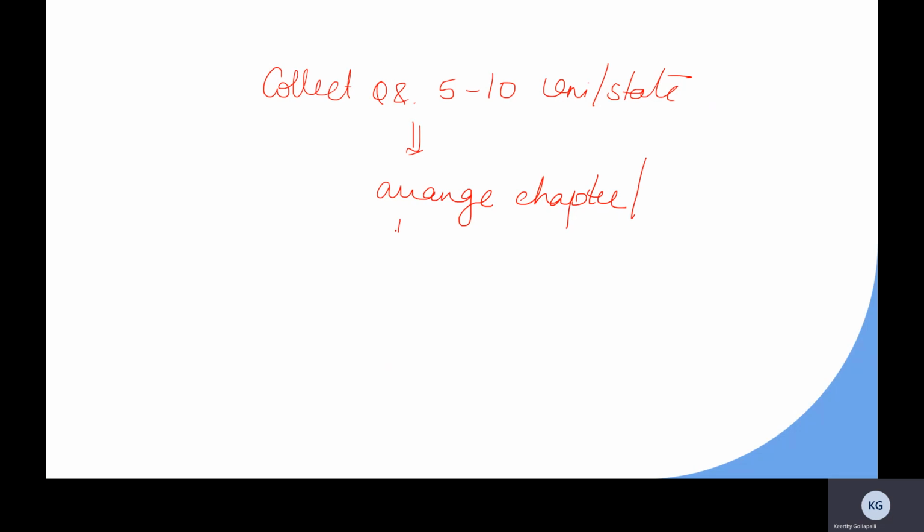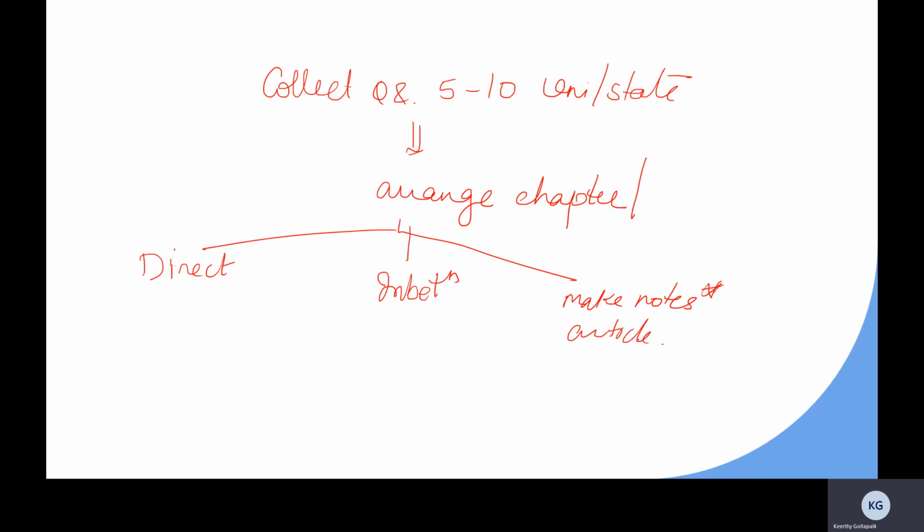Then divide the questions into 3 categories, which are direct ones, which are available directly in your Robbins, Ackerman, whatever books. Or in-between, meaning the second category, where a seminar has already been done in your college, so you have the PPT available. And the third one is to make notes, where you have no idea about such questions. So you have to refer to certain articles and make the notes.